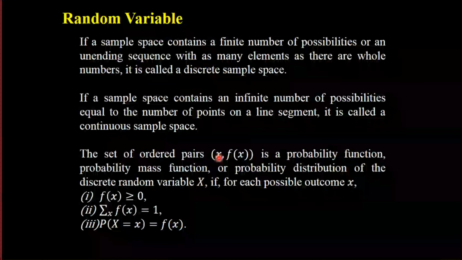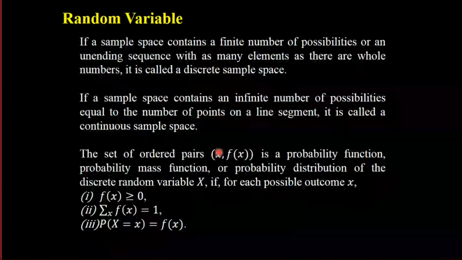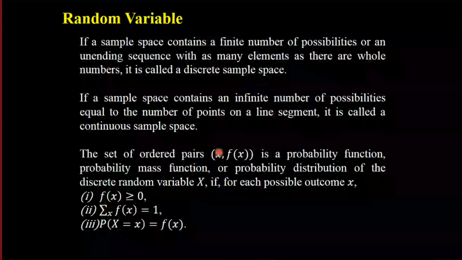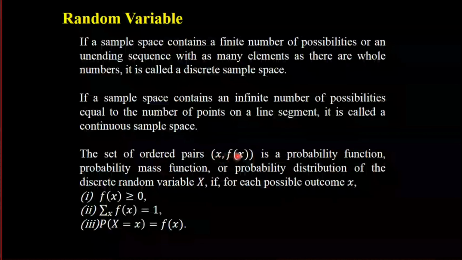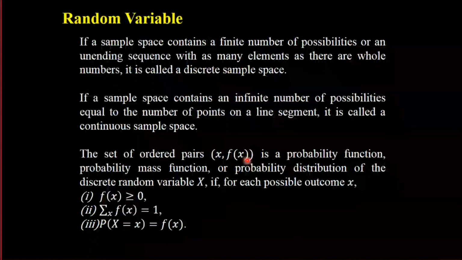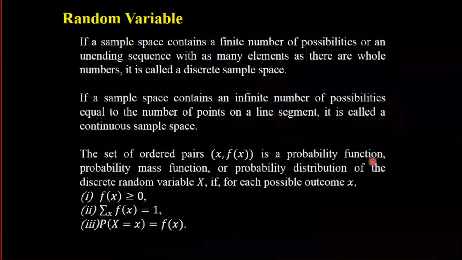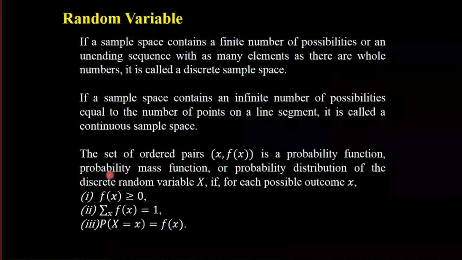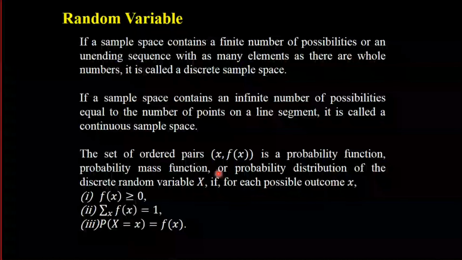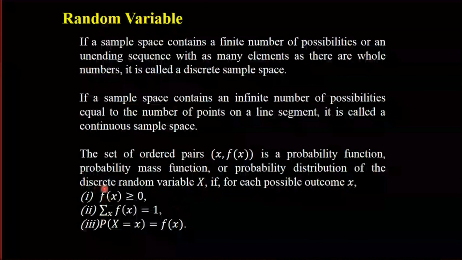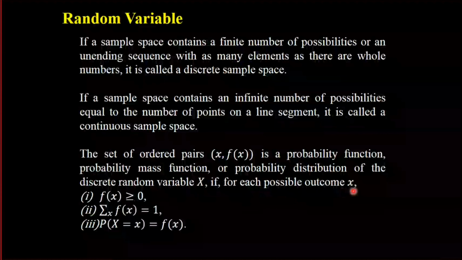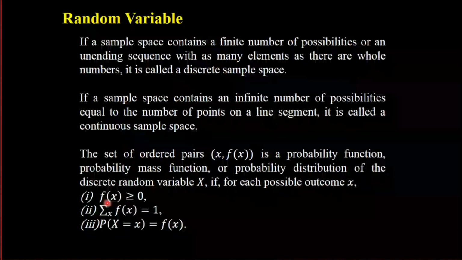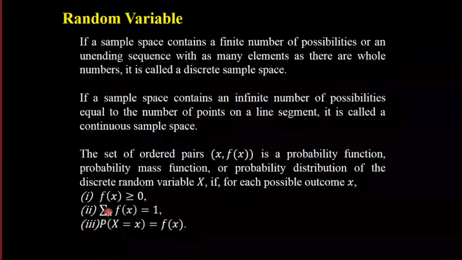Now if I take x as only one head coming, then what is the probability? 0.5. So the x and its probability, this ordered pair, is called a probability function, probability mass function, or the probability distribution of the discrete random variable x, if for each possible outcome x these three conditions are satisfied.